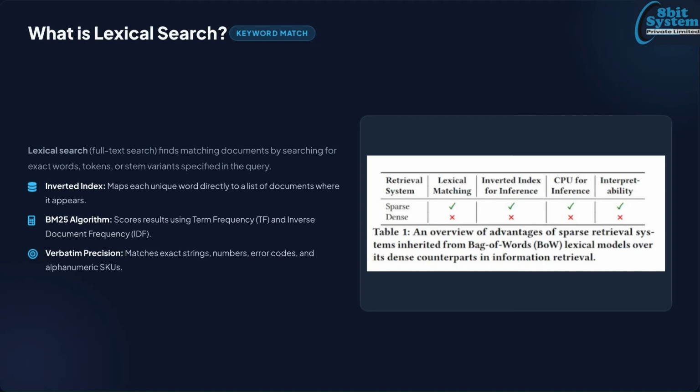The second concept is the BM25 algorithm, which is also known as Best Match 25. Finding documents is only the first step. Now the search engine has to decide which document should appear first. This is where the BM25 algorithm comes in. BM25 calculates a relevance score for every matching document using two important concepts. The first is term frequency, or TF. This simply checks how many times a search term appears in a document.